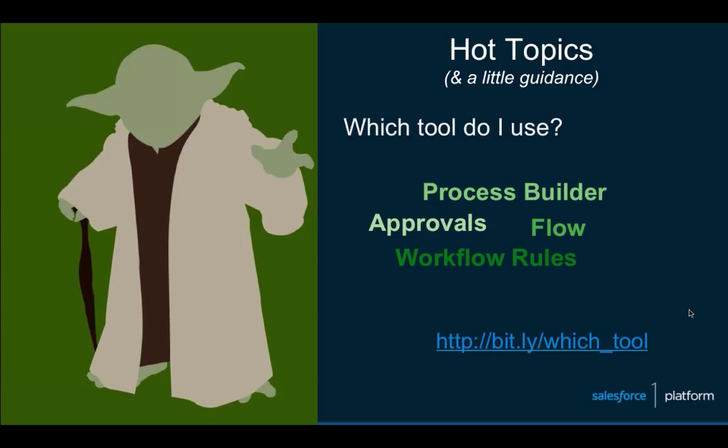So let's talk about flow. Flow is extremely powerful, and as I said, it's the engine underneath Process Builder. Now you want to use flow when you want to do things like create wizards that have screens. You want to gather input from customers or from users and then operate on that input, or for more complex processes.